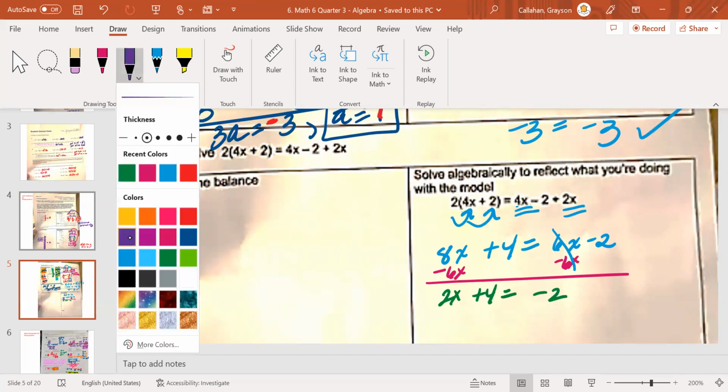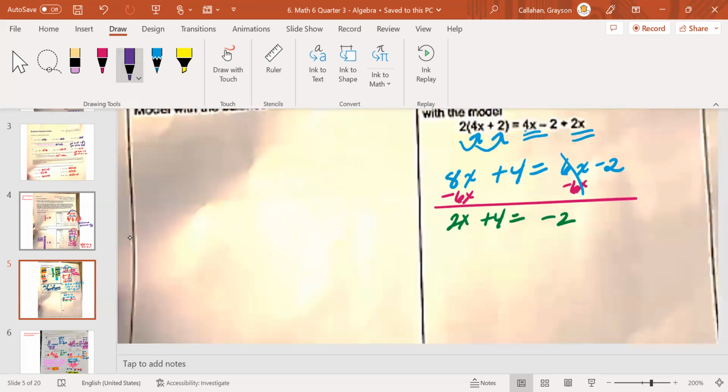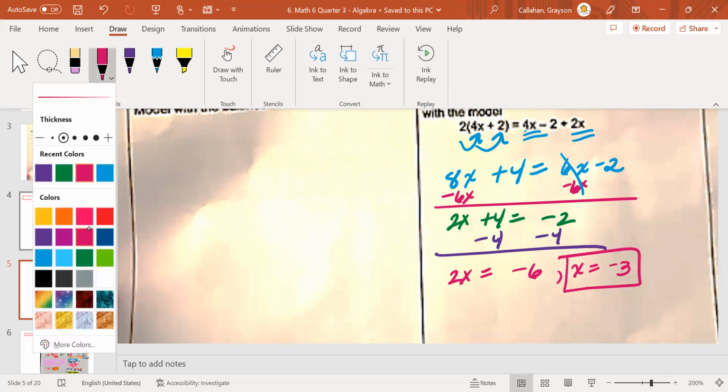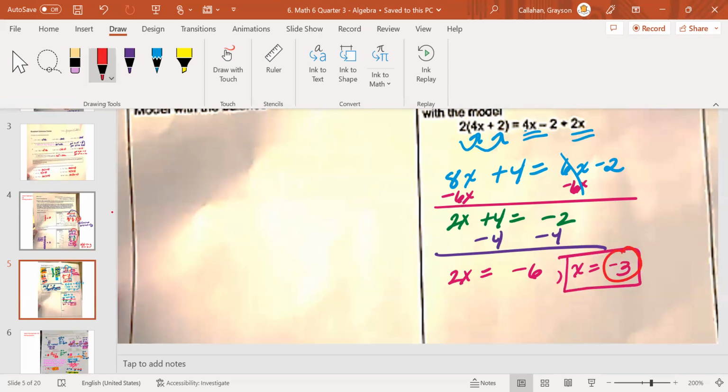Which number are we going to move? When you divide it, what's x? So let's check my answer. When you check your answer, you take that negative 3, you plug it in here, here, and here.